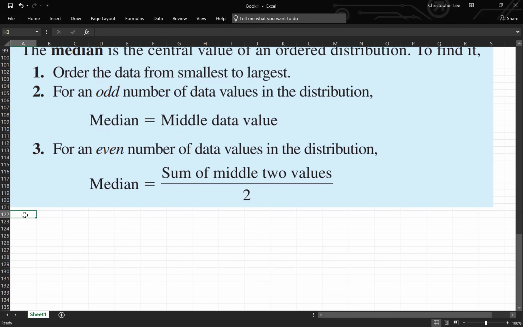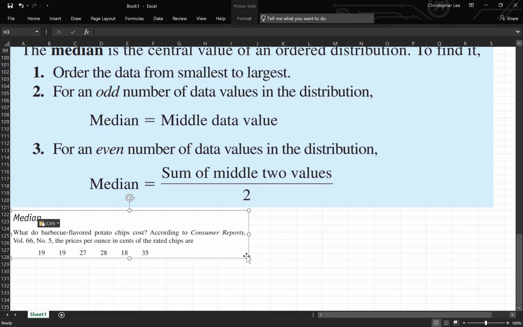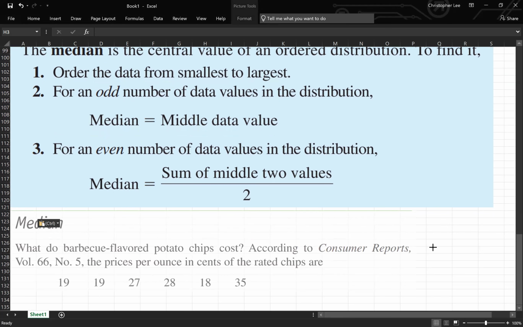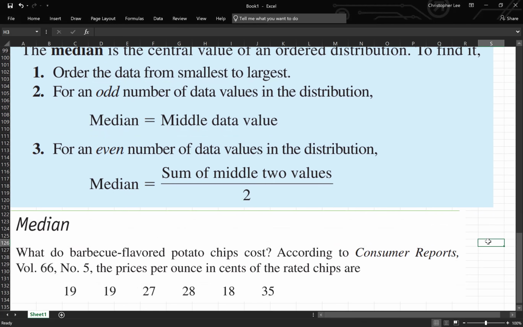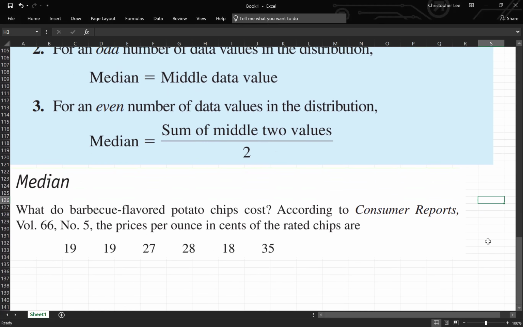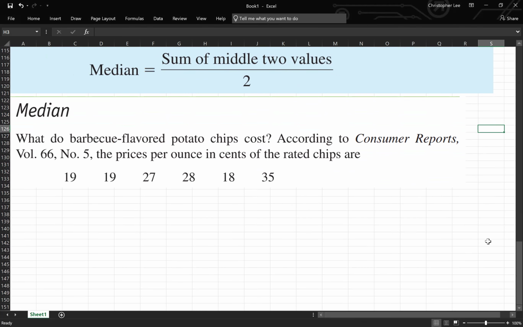I just want to look at an example real quick. What do barbecue flavored potato chips cost? According to the data, the prices per ounce in cents of the rated chips are 19, 19, 27, 28, 18, 35. What's the median? That's my question to you.